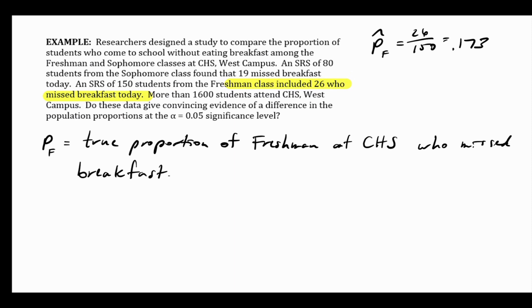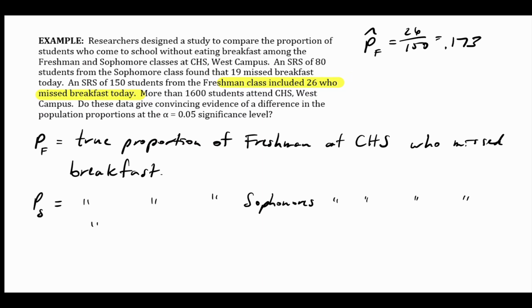All right, now let's do P sub S. This one's going to share a lot of the same stuff. There are not many words in that sentence that are going to change for P sub S. It's still the true proportion of sophomores at CHS who missed breakfast.